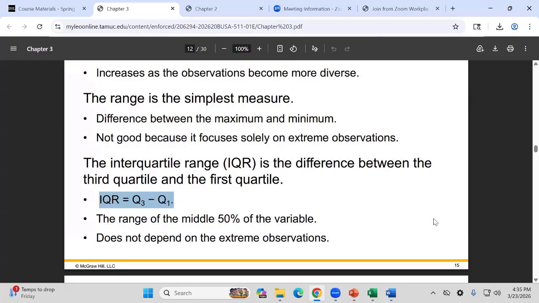It's still a range, 50% of your data set, right? The reason we want to know this range is that we need to look at outliers in the future. Later in this lecture, I will talk about outliers. That's why we need to know how to calculate IQR.